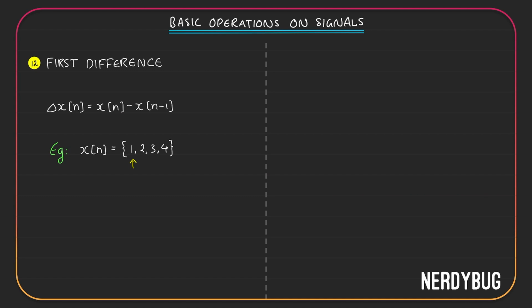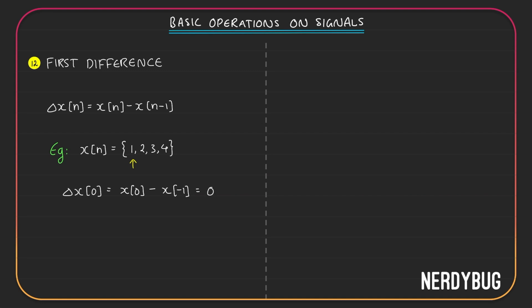Let's try an example. We have an x of n. It is 1, 2, 3, 4. 1 is the 0th term. So this will be 1, 2, and 3. To find the first difference, let's try to find delta x of 0 first. Delta x of 0 will be x of 0 minus x of minus 1. Here x of 0 is 1. There is no x of minus 1.